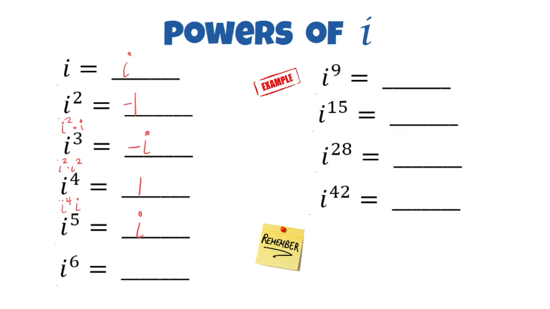Let's try it with i to the 6th. Couldn't that be an i to the 4th times an i squared? Well, i to the 4th, we've already acknowledged is a 1. i squared is a -1. And 1 times -1 is -1.